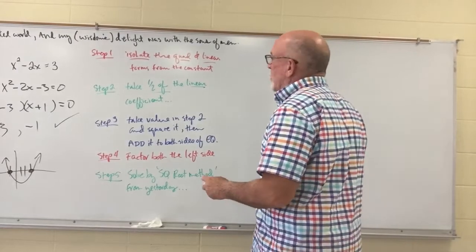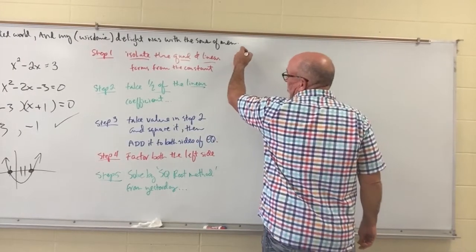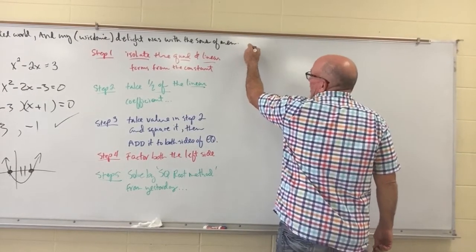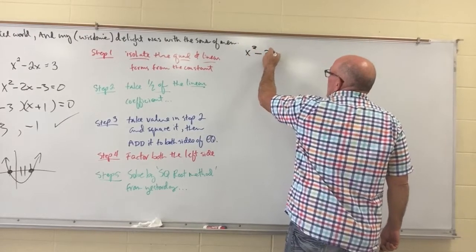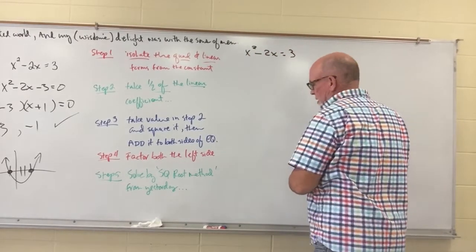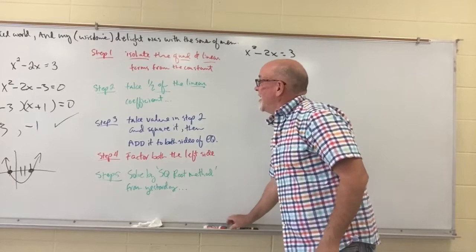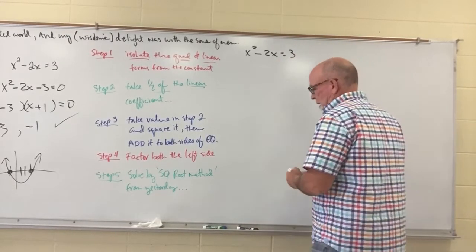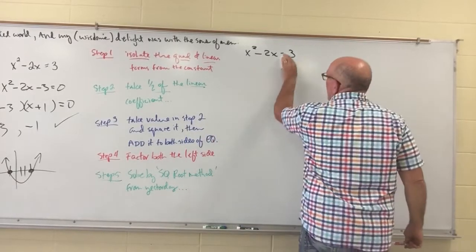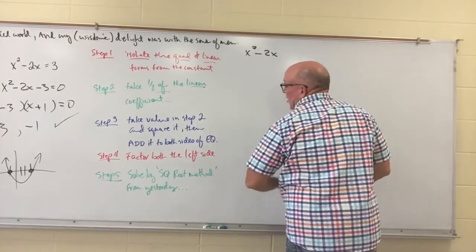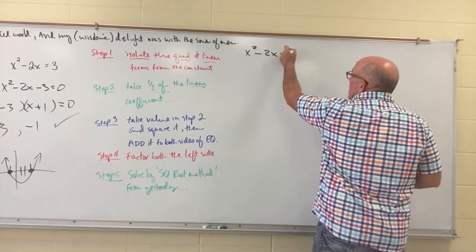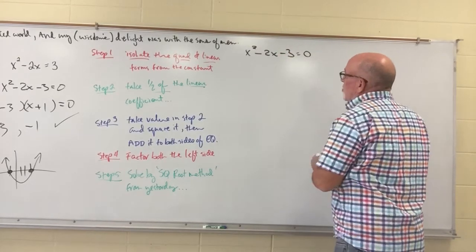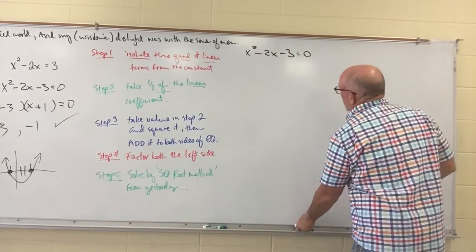So, if it were given to you in the format x squared minus 2x equals 3, the first thing we would do is isolate the quadratic and linear terms from the constant. Let's go back. And let's say it started as x squared minus 2x minus 3 equals 0.